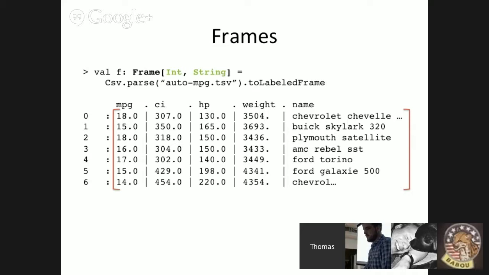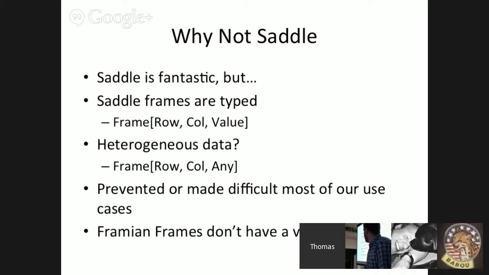If you've been around Scala for a while or looked at this stuff before, you'll know that this looks like a library called Saddle. I must say Saddle is fantastic. It honestly is super awesome. We were actually using it first. It just wasn't quite what we needed, because the main thing is that Saddle's typed. All the values always have the same type, so they're numbers or dates or whatever else.